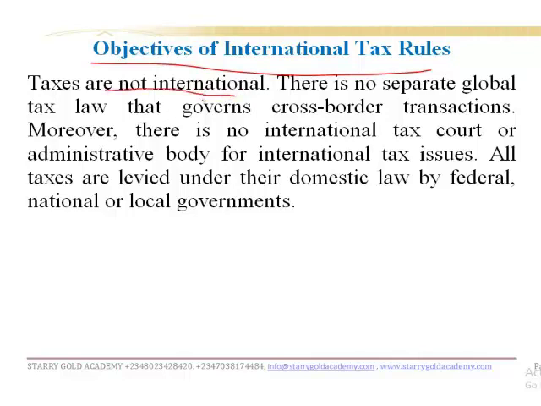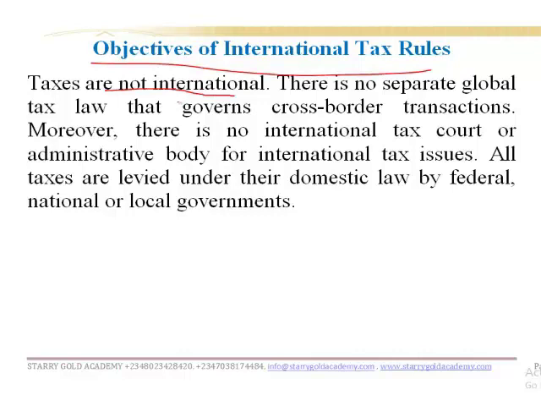Taxes are not international. Do you agree with that? Yes. Why? Because a specific country has its domestic tax rule, and there is no international tax rule.